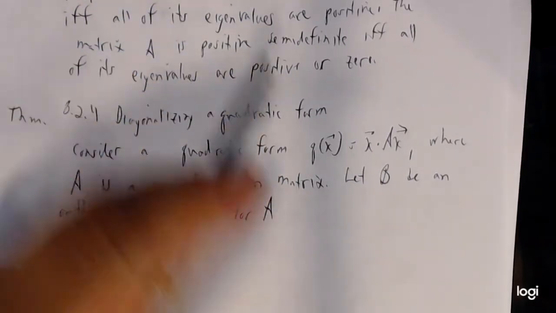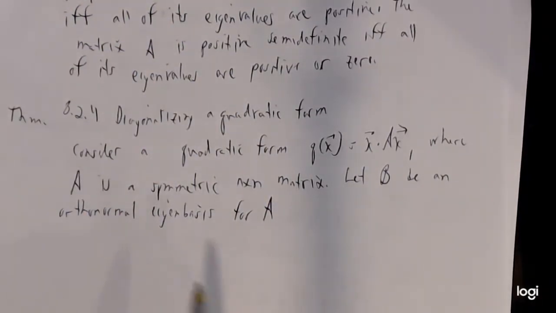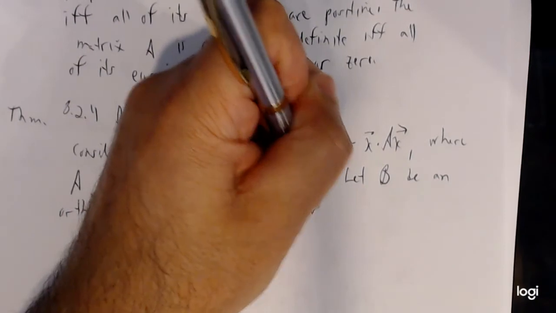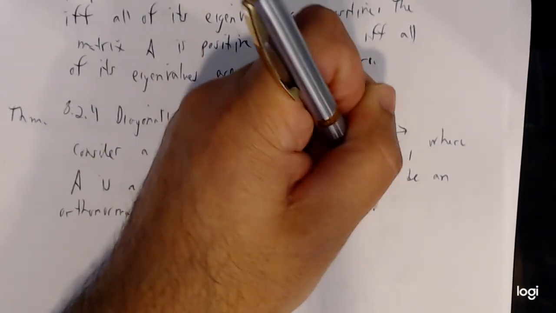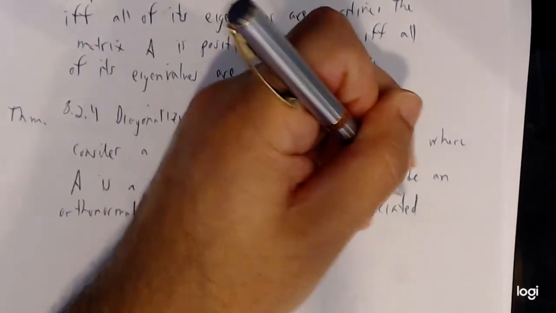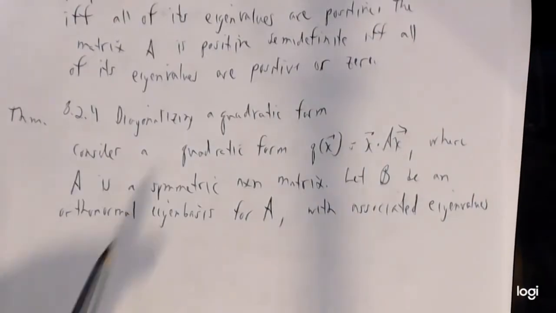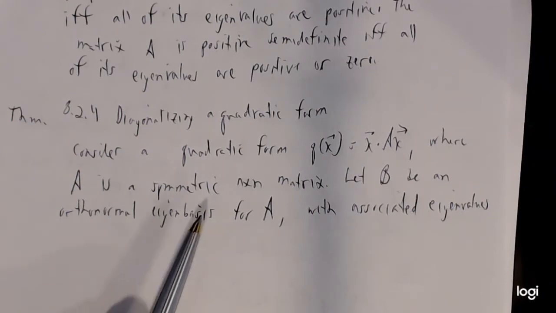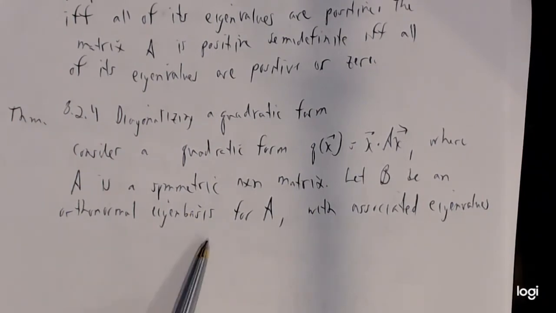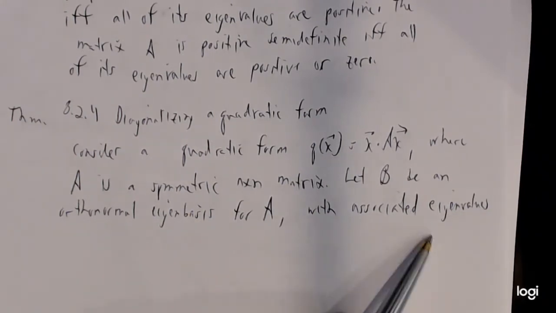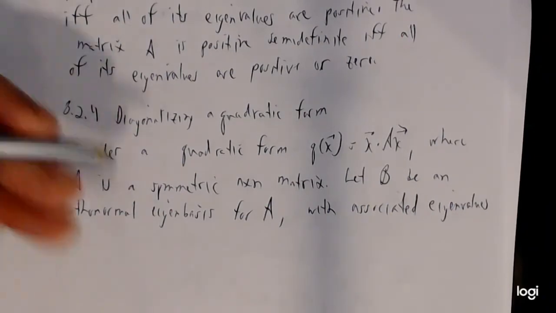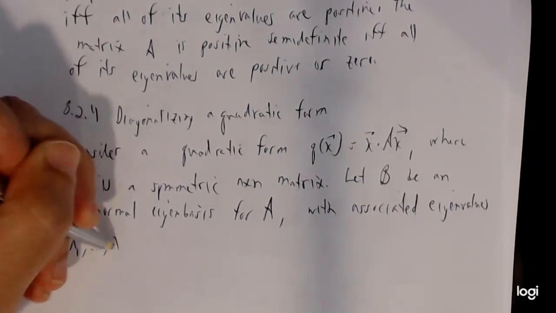We came up with our orthonormal eigenbasis with associated eigenvalues. So if you look at the setup, that's what we did in example 1. We came up with an orthonormal eigenbasis for A, and then we had our associated eigenvalues, lambda sub 1 all the way to lambda sub m.